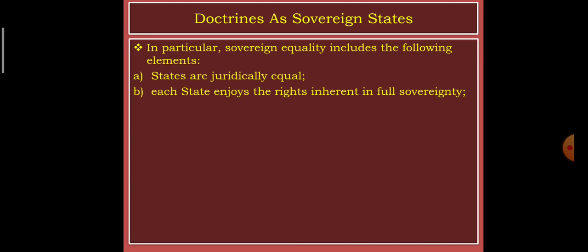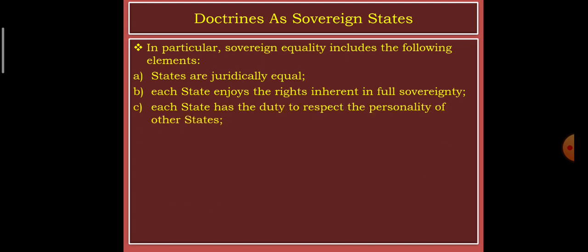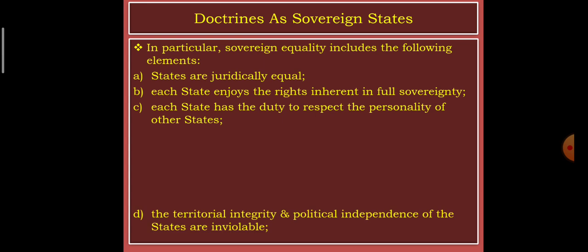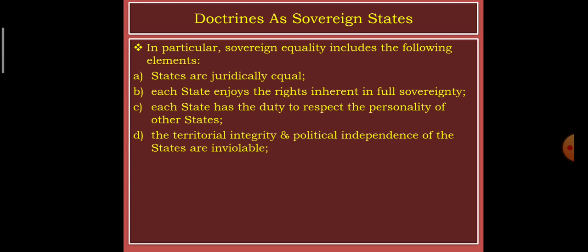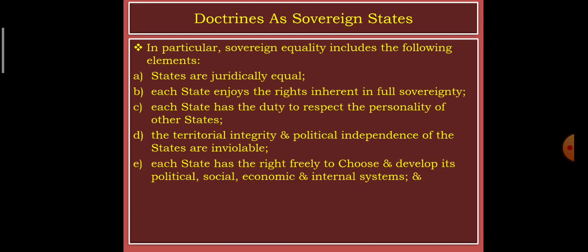So, there is no discrimination in enjoying their equal rights. Each state has the duty to respect the personality of other states. The territorial integrity and political independence of the states are inviolable. So, the political and territorial integrity should not be violated by other states.